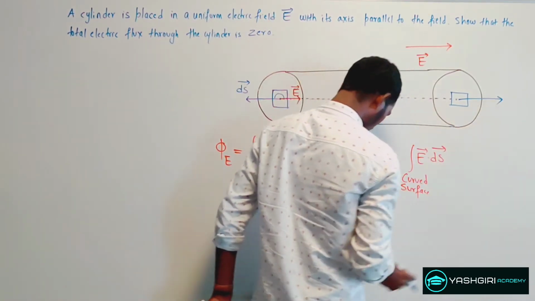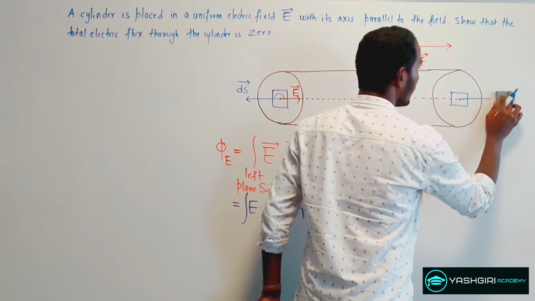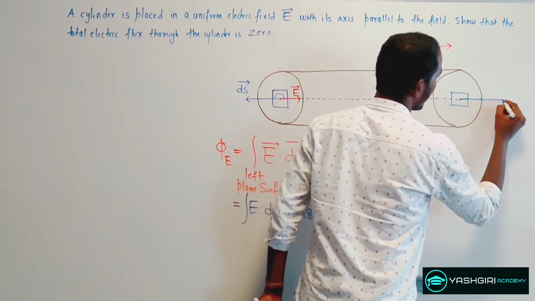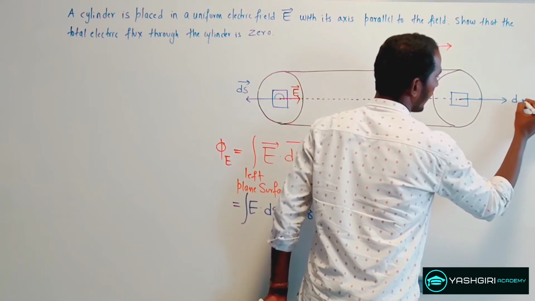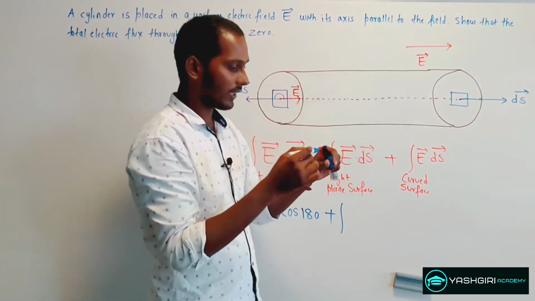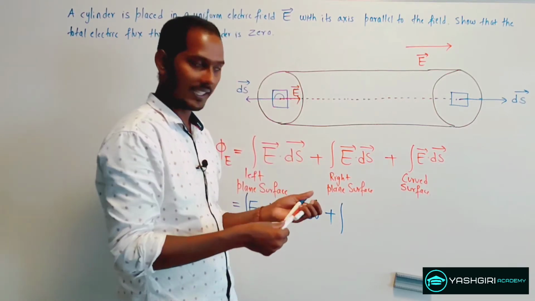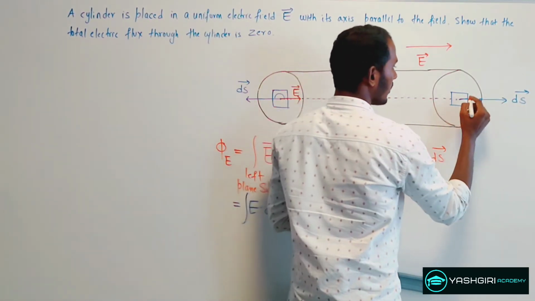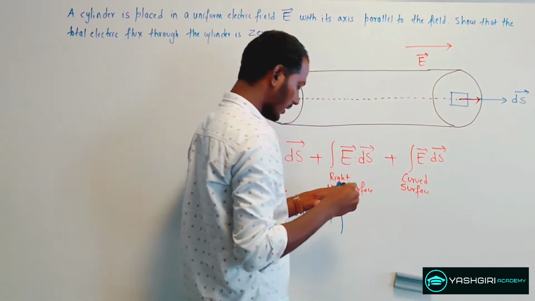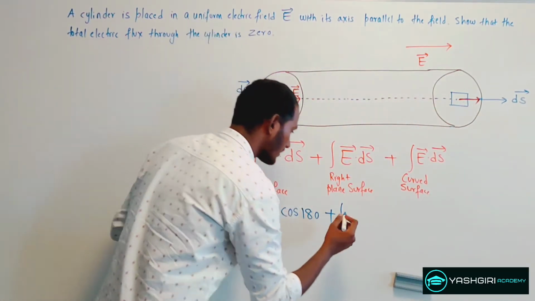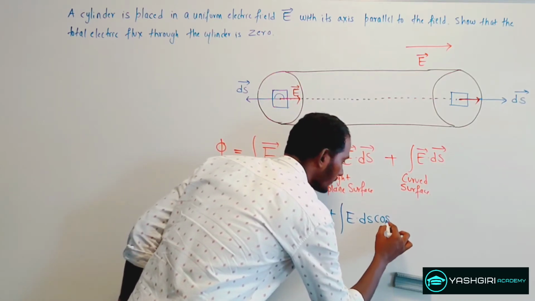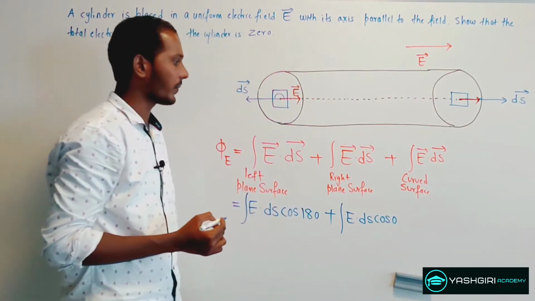This is the direction of your surface area, and let this be my ds vector. Now the electric field is exactly in the same direction, so I can say that E dot ds will be E ds cos 0, since the angle between them is 0.